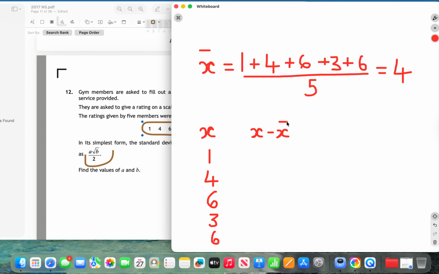So how close or far from the mean is each one? So 1 minus 4 is minus 3. 4 minus 4 is 0. 6 minus 4 is 2. 3 minus 4 is minus 1. And 6 minus 4 is 2.